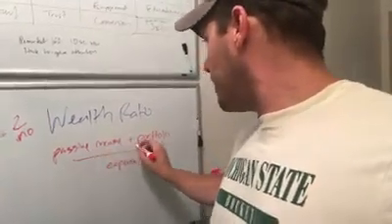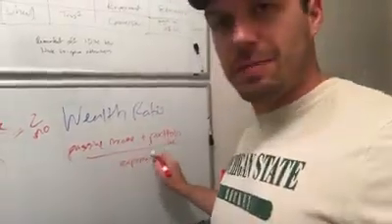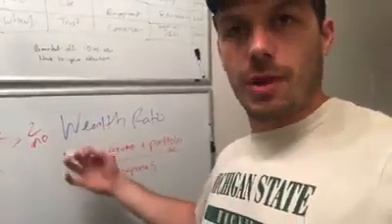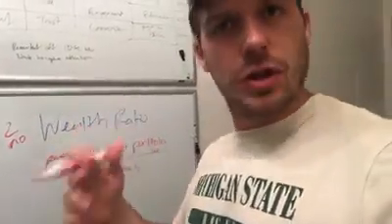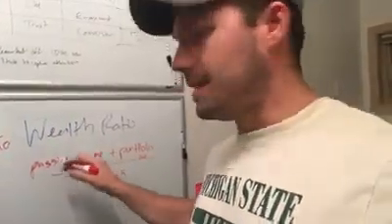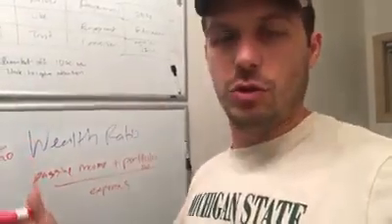So passive income plus portfolio income, and you take that number and divide it by your expenses. You want a number greater than 1. If your number is greater than 1, that means you are out of the rat race. You're financially free. You're not in servitude to a job.